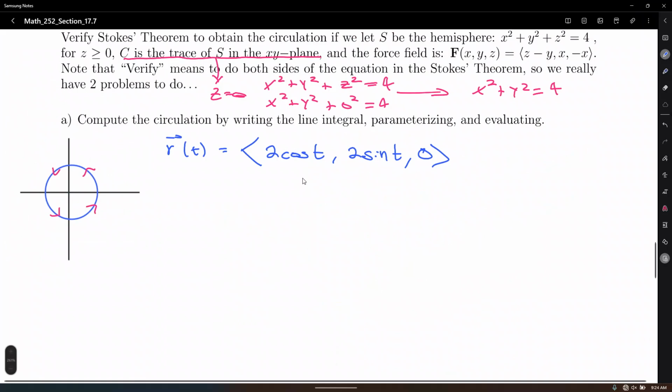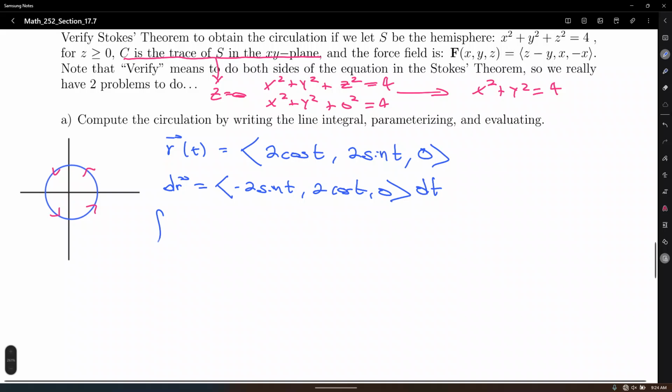What else do we need? Oh, we need the dr, right? The differential dr for a type 2 line integral. So that is negative 2 sine t, 2 cosine t, 0 dt. Okay, so let's evaluate the line integral.